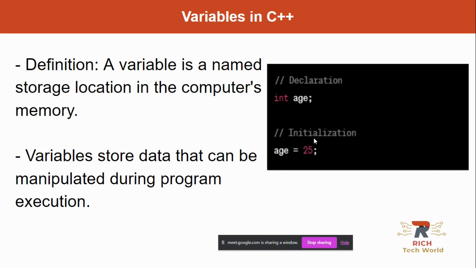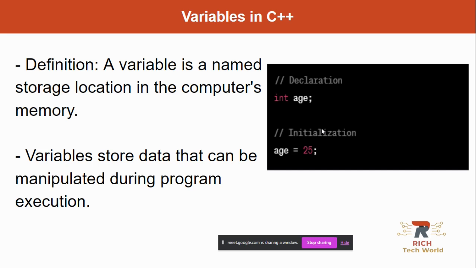So variables must be declared and initialized, and this is how you do it. There are cases where you can declare and initialize them on the same line. It's up to you, right? There are cases where you don't even know what you are supposed to put in the variable. You don't know the initial value of that variable yet. So you just need to declare it, and then the computer will create that storage location for you.